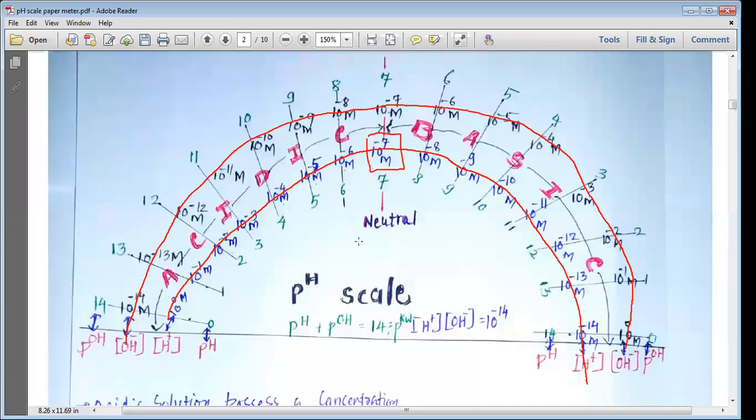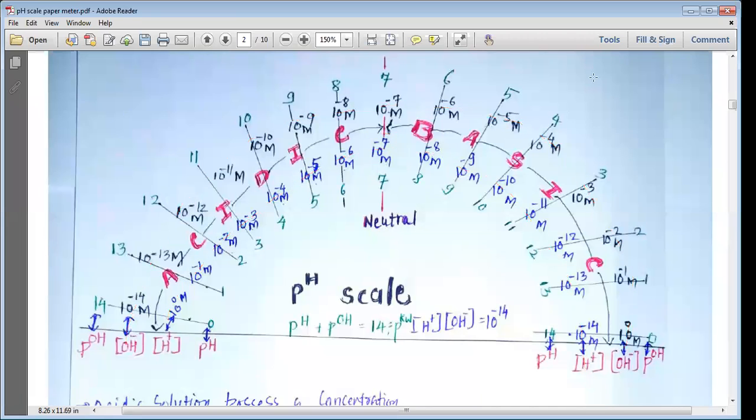Now we have just seen that Kw is equal to the concentration of H plus ion multiplied by the concentration of OH minus ion, and this value is always 10 to the power minus 14.